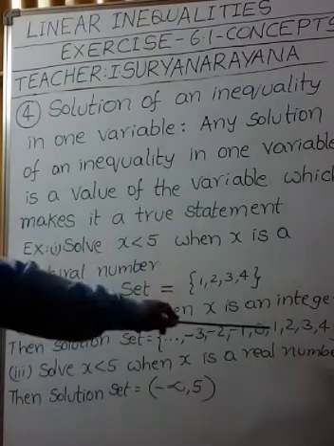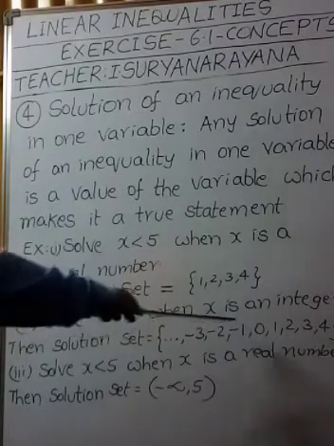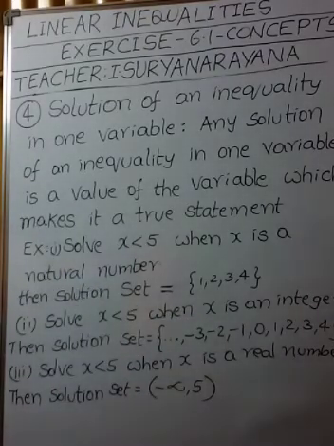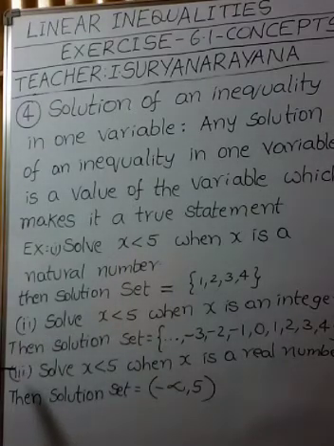That is why all these numbers are said to be the solution set of the given inequality. So infinitely many solutions are there for this inequality. Understood this example, my dear children? Right. Now come to the third example.